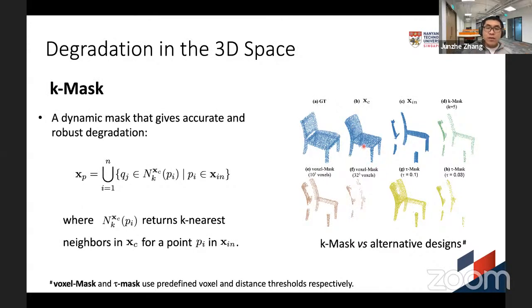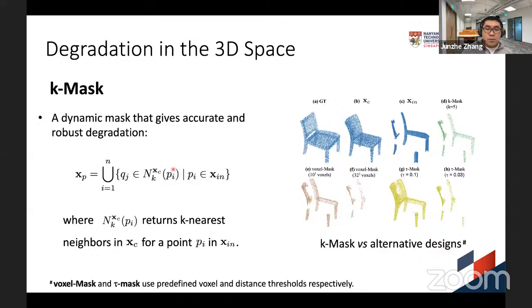And how we can do this is we basically have a fine-grained mask for each point pi in the shape X in, the partial input. We simply look for its k nearest neighbors in the counterpart XC. We denote this as the function NK of XC here.